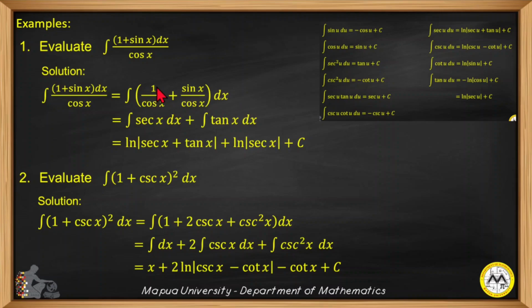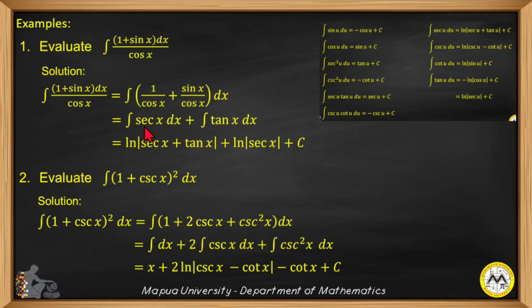Recall that 1 over cosine x is secant x, because the reciprocal of cosine is secant, or vice versa. And sine over cosine is tangent x. Then you apply the distributive property: you distribute the integral sign together with dx to each of these terms. So we get the integral of secant x dx plus the integral of tangent x dx.